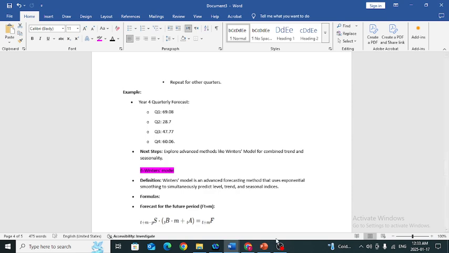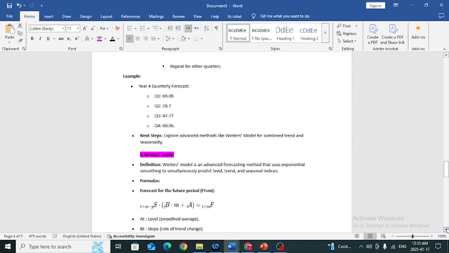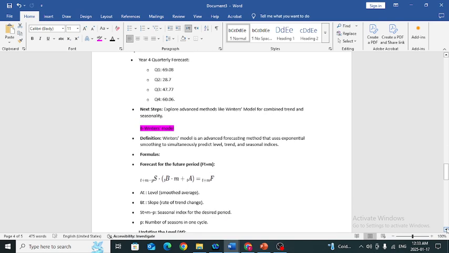Winter's model. So what's Winter's model? Winter's model is an advanced forecasting method that uses exponential smoothing to simultaneously predict level, trend, and seasonal indices. The formula for forecasting a future period: F(t+m) equals (A_t plus B_t multiplied by m) multiplied by S(t minus p plus m).